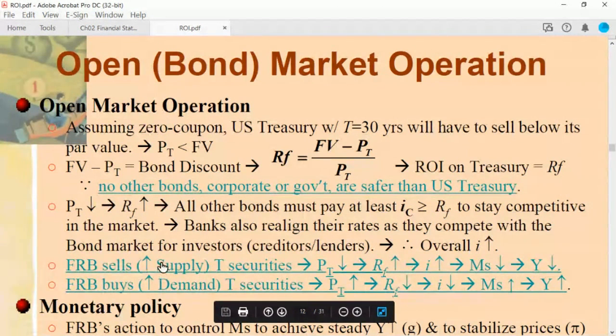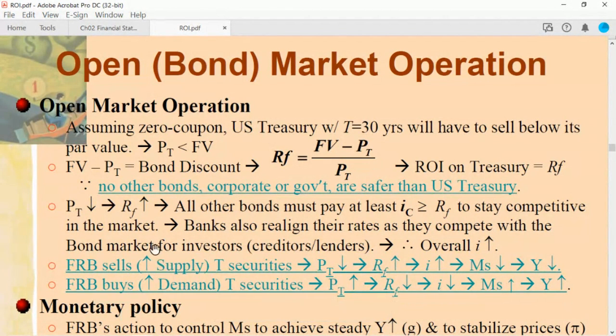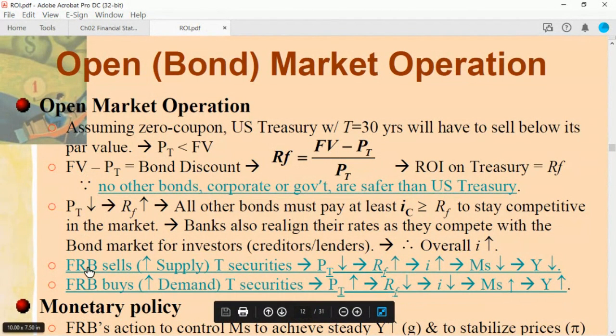But how does the selling price of the treasury go down? It all happens if the Federal Reserve sells more treasury, right? Of course, treasury securities are issued by the Treasury Department, but it goes through the window.